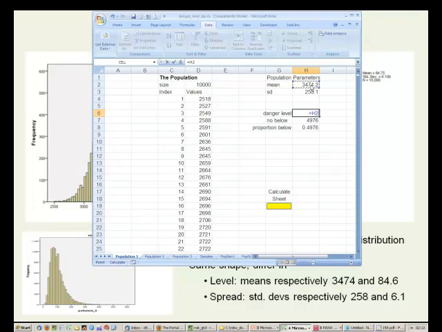We're going to start from the mean and add on 1 standard deviation. Mean plus 1 standard deviation takes us up to 3,732. So that's that plus 258. Now this is telling us that there are now 8,419 locations with a lower concentration than this, which is the mean plus 1 standard deviation.